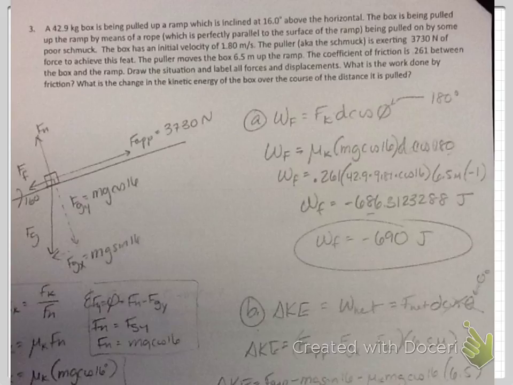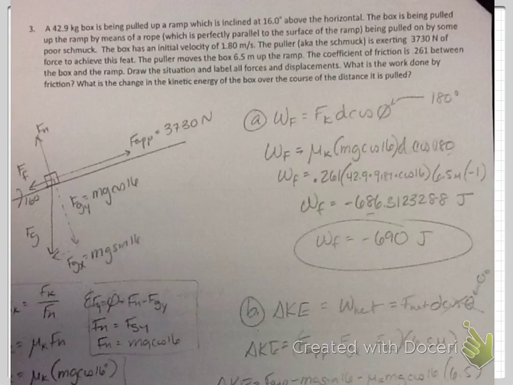So that's going to be force of friction times cosine of theta. Theta here is 180 because friction is doing work in the opposite direction that the box is moving. You had to do a little bit of sum of forces to get your force of kinetic friction.